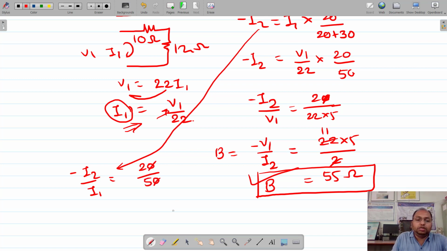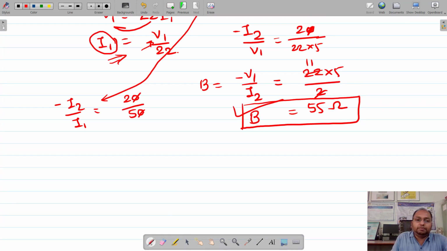So the 0s are going to get cancelled out, and finally let us take the reciprocal of this because we need minus I1 divided by I2, which is nothing but my D. Are you getting it? So D is equal to minus I1 by I2, and therefore 5 by 2, and that is nothing but 2.5. So D is nothing but 2.5.